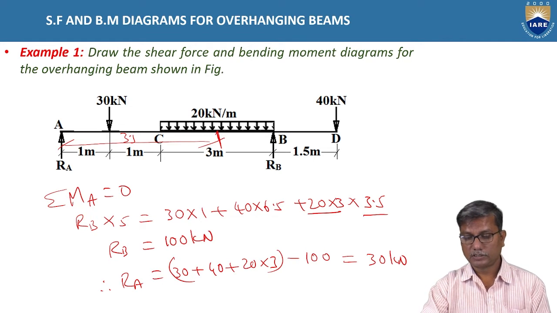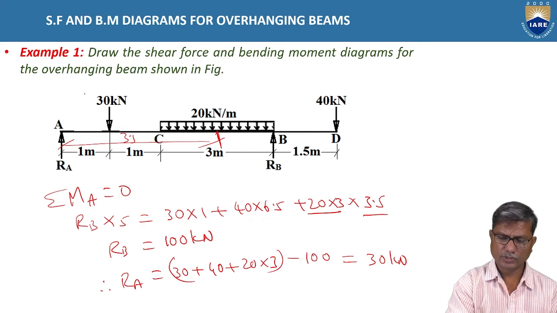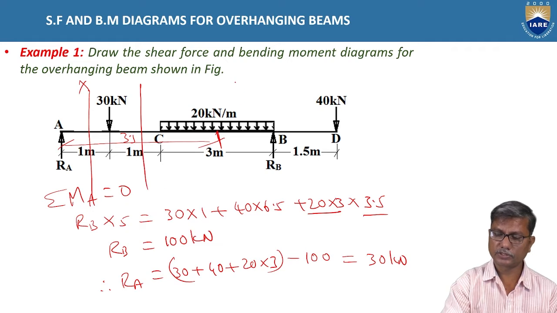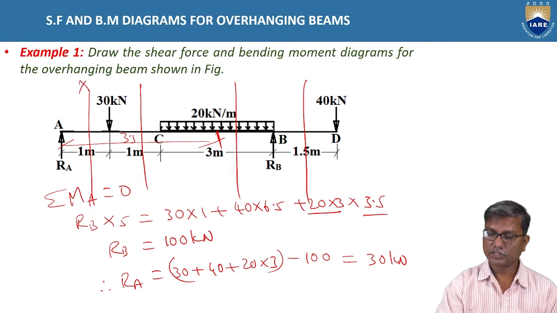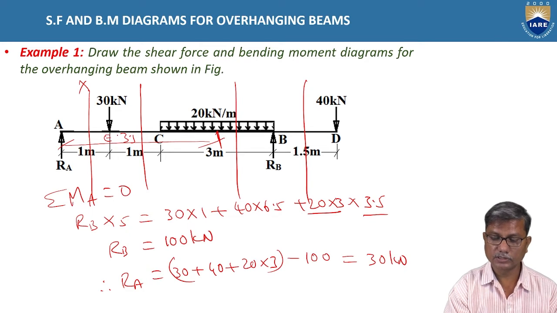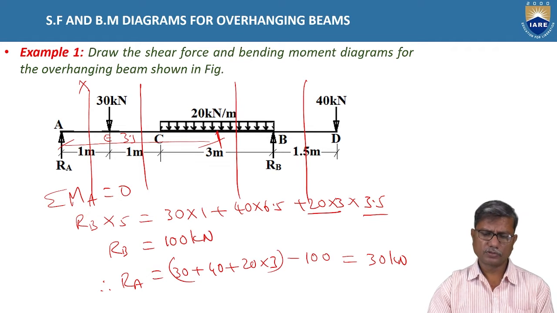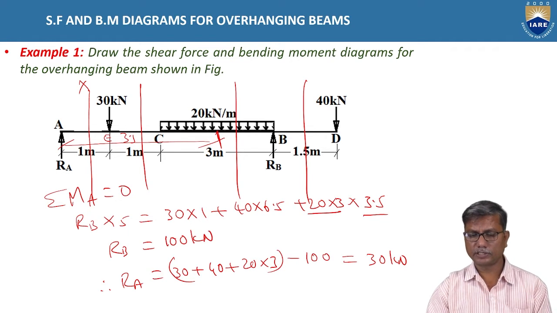So once you find the reactions, we can find the shear forces at various sections. How many sections do we consider here? We have to consider sections for every change of loading. We need to consider one additional section here. So between A and E, we consider one section.